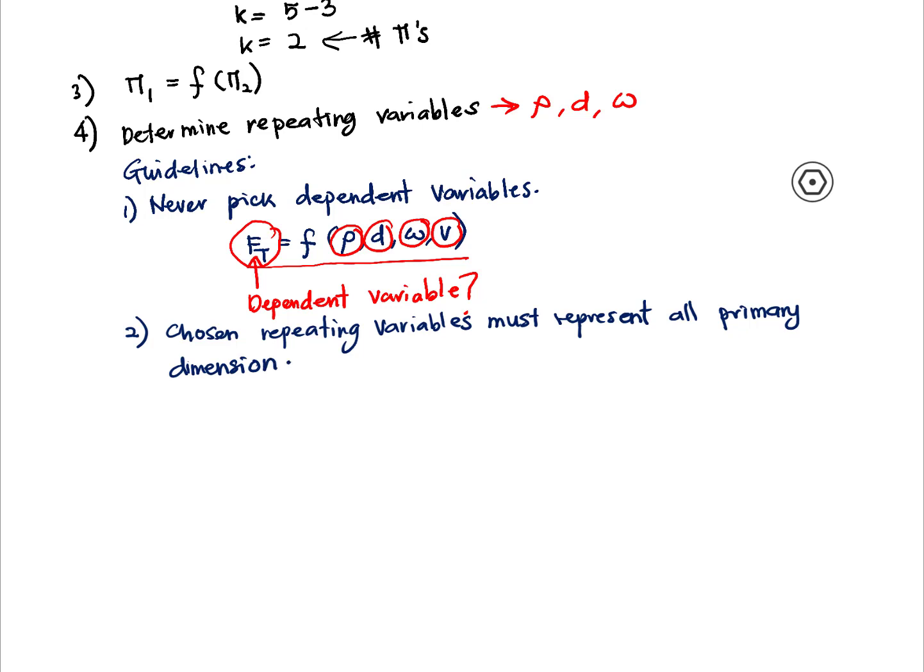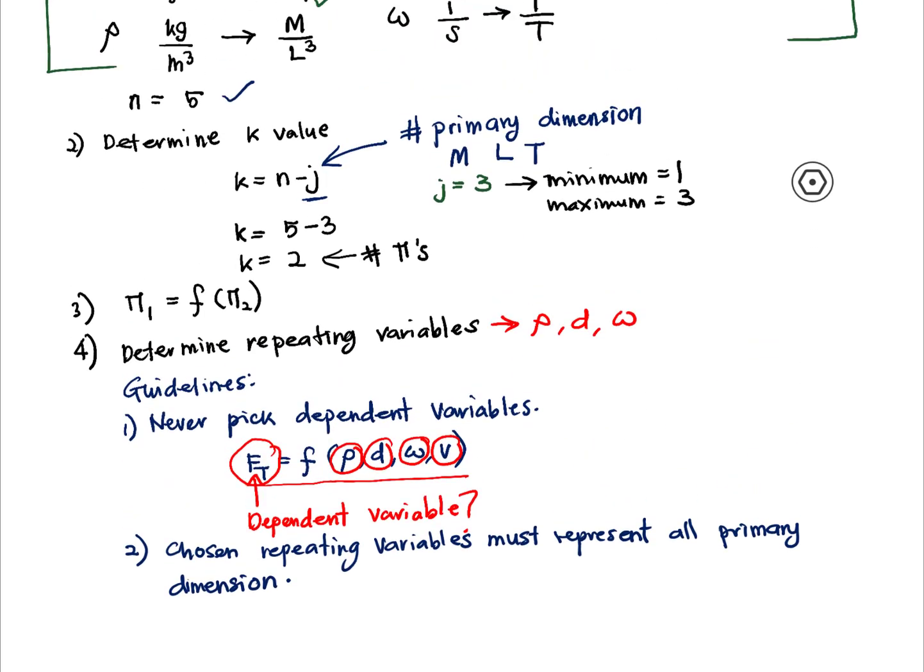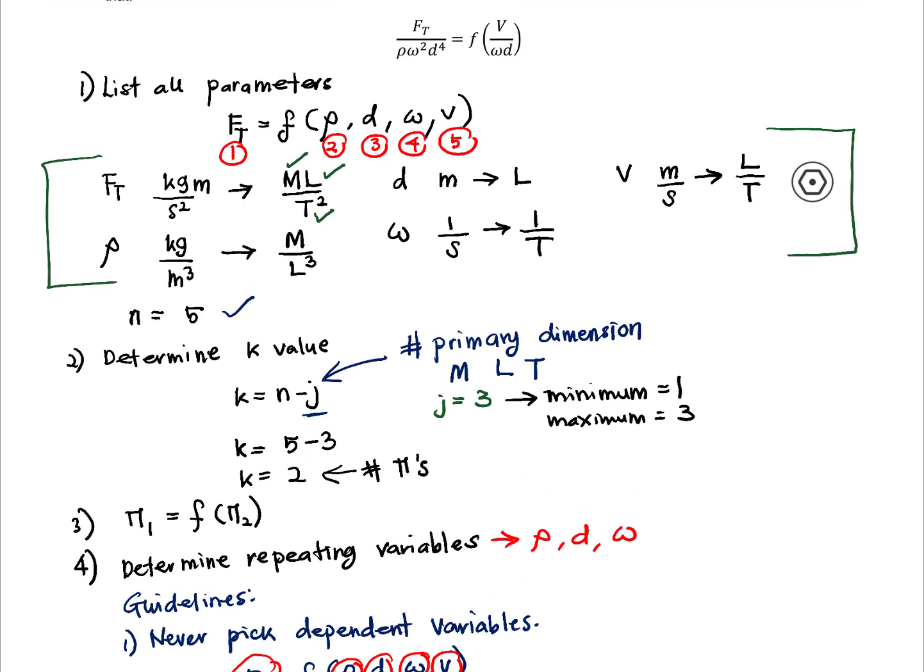Is it necessary that one parameter alone represents all primary dimensions, or do we make a multiplication of repeating variables? Let's take a look at your question.